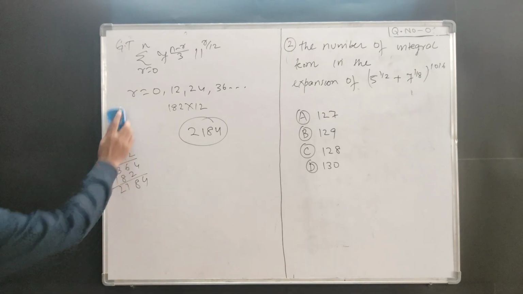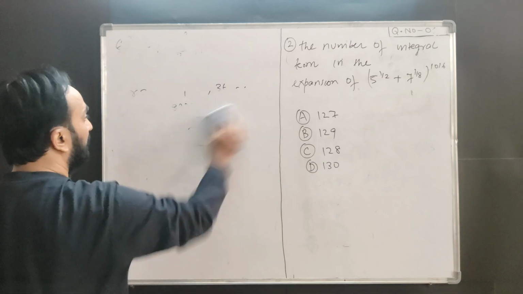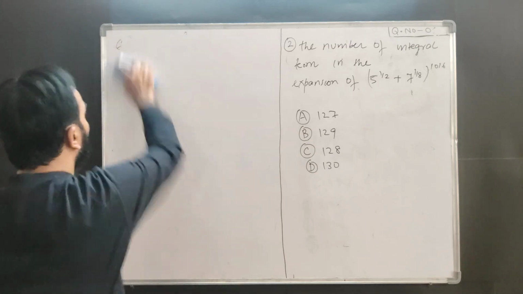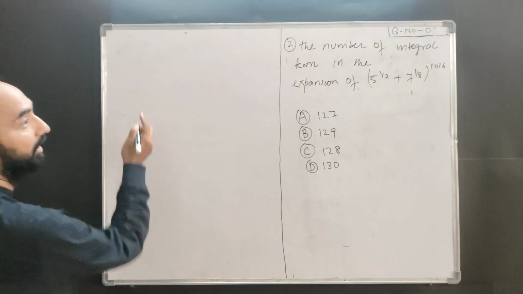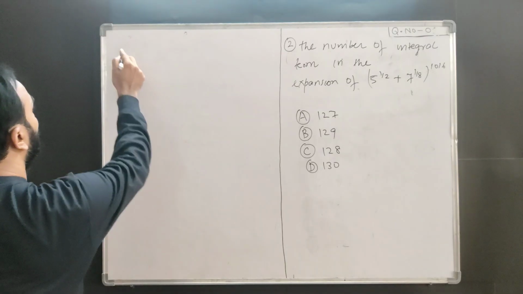Again we'll start with writing the general term, which we can write as t(r plus 1), and here the power is given as 1016.